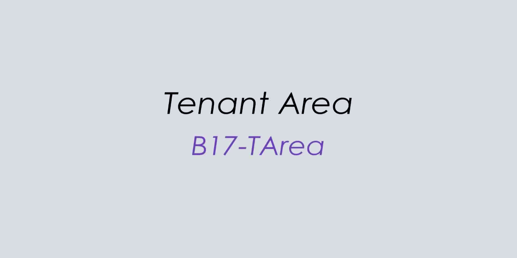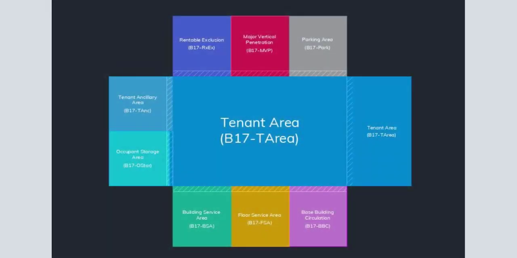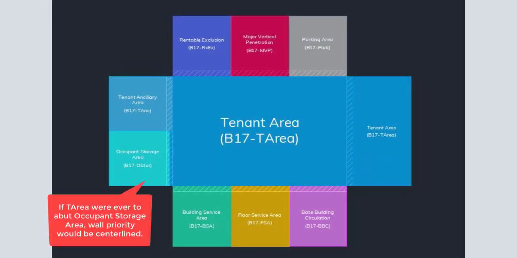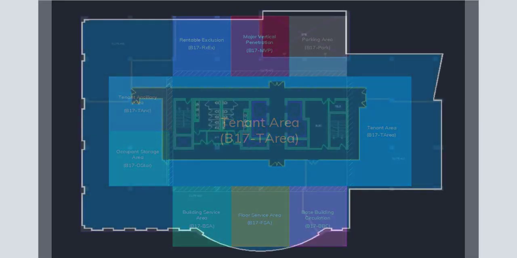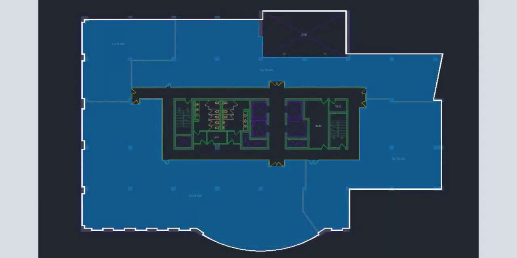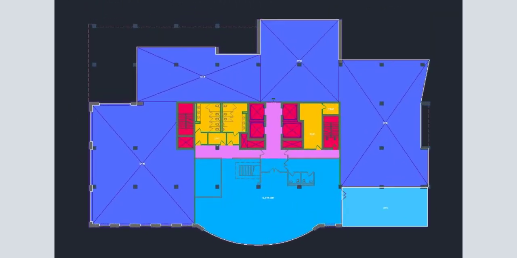Tenant Area, B17-T Area. Tenant area does not take wall priority against any other space classifications. It is all the space remaining on the floor that is meant for occupants, namely office area and balconies.